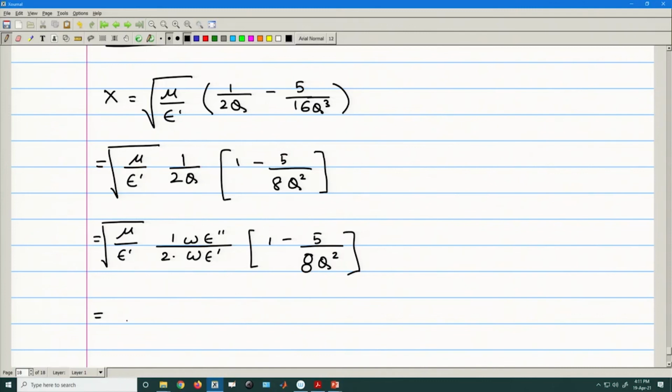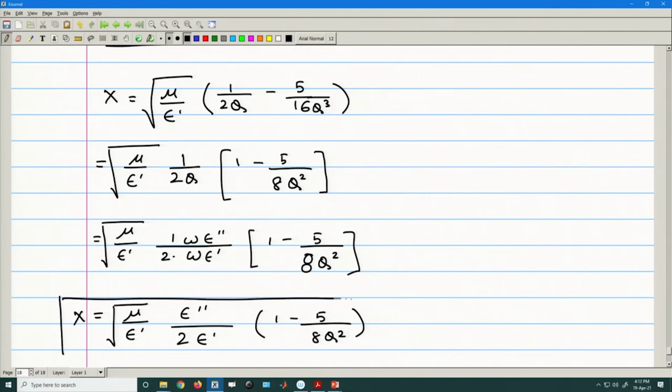So we get it as mu upon epsilon prime. So this omega cancels out and we are left with epsilon double prime upon 2 epsilon prime, 1 minus 5 upon 8 q square. Okay, so this is also proved.